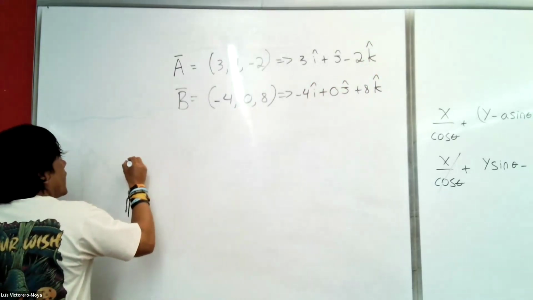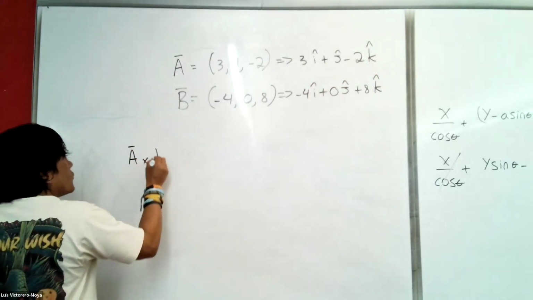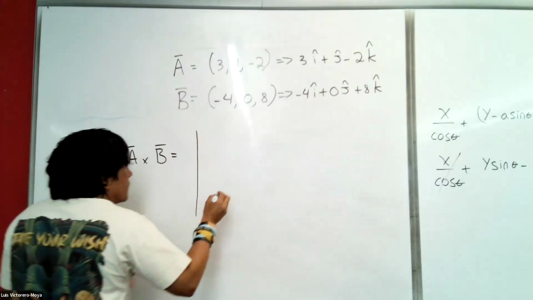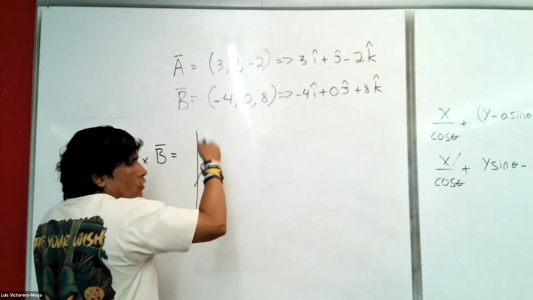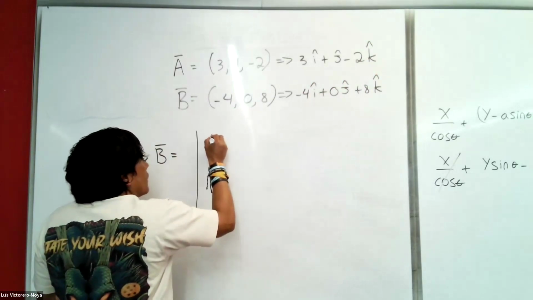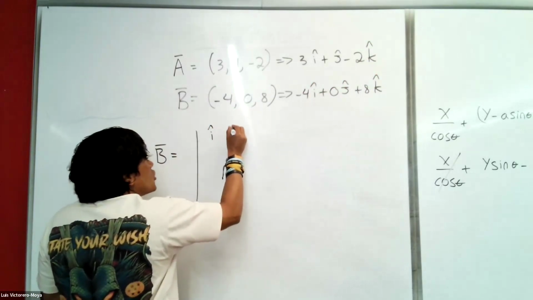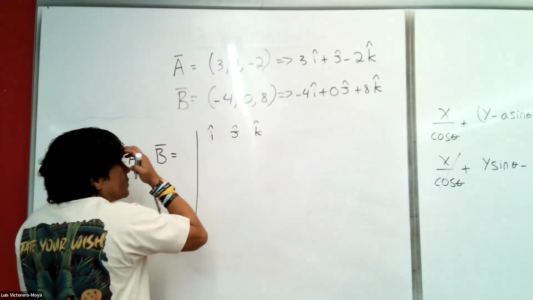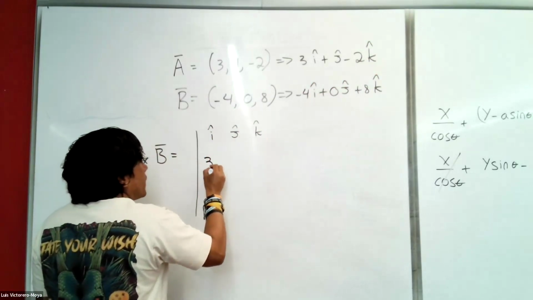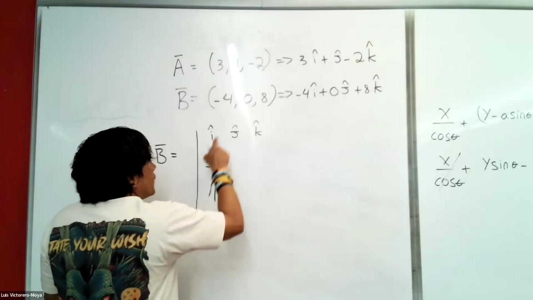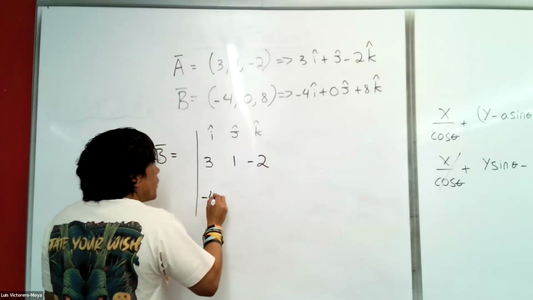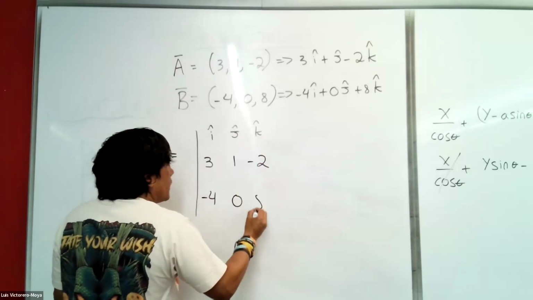So A cross B is the determinant of a 3 by 3 matrix: i, j, k, and then this is not commutative. You have to be careful. So A goes first: 3i, 1j, minus 2k, then minus 4i, 0j, 8k.